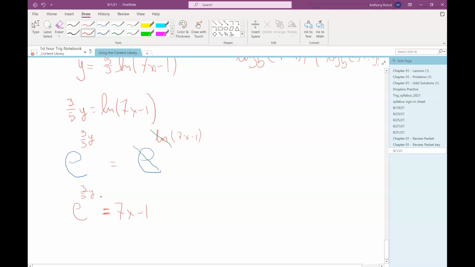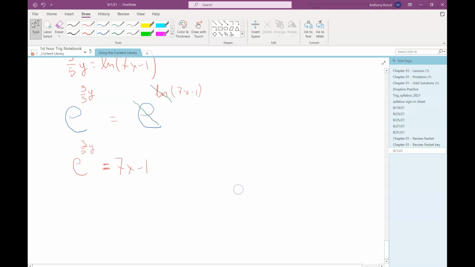And then I'm left to add 1 and divide by 7. Right? Add 1 to both sides, divide both sides by 7. I'm going to do that both in the same step, if everybody seems okay with that. I can then put my function notation back and swap the x's and y's.